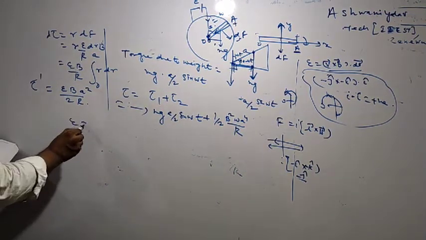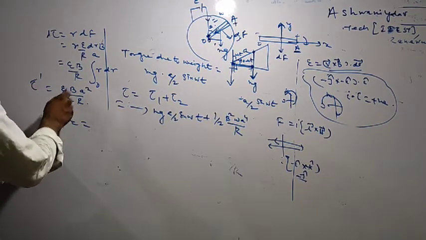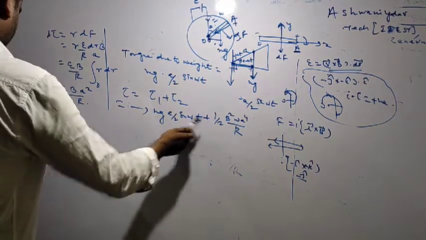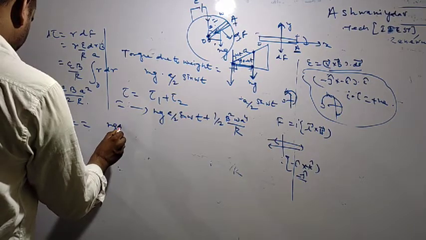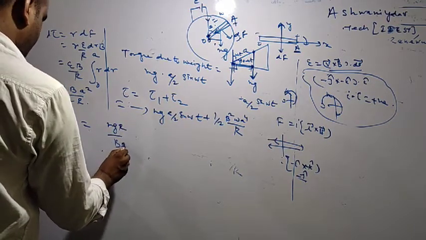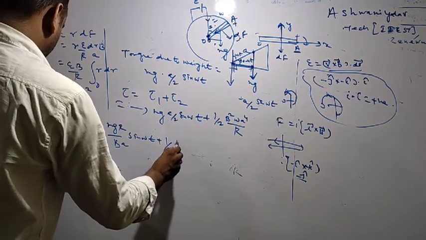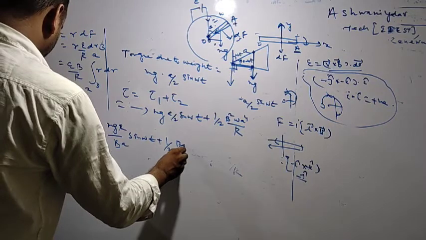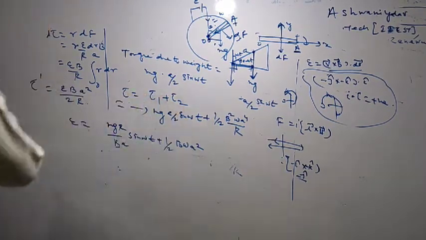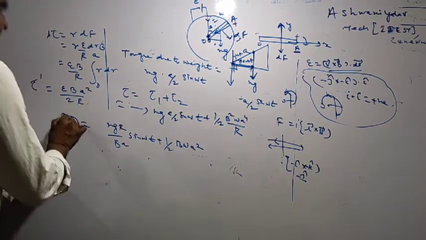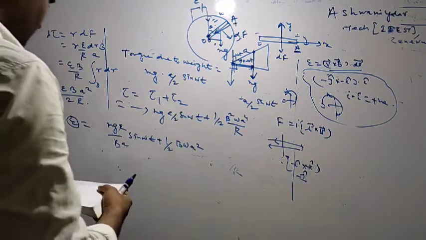So for the EMF, just divide by this quantity on this side, and we will get the answer: mg R by B a sine omega t plus half B omega a square, where one R is going to be cancelled, one B is going to be cancelled. So this is the EMF so that it can balance the torque.